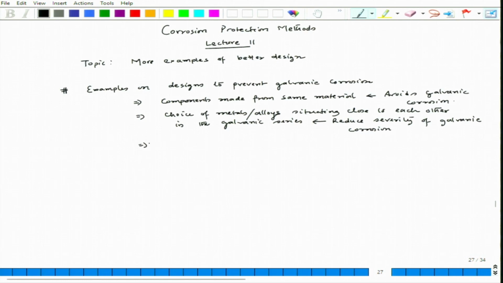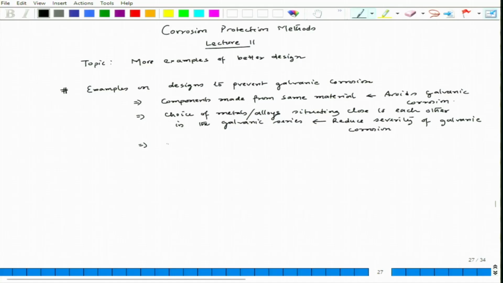Now, third case, where we have metals and alloy components placed wide apart from each other in the galvanic series. In that case we would definitely have serious galvanic corrosion of the active component if they are connected. So we must have insulation from each other.